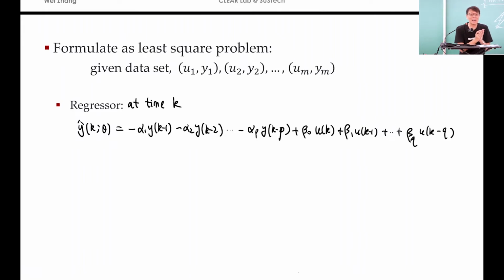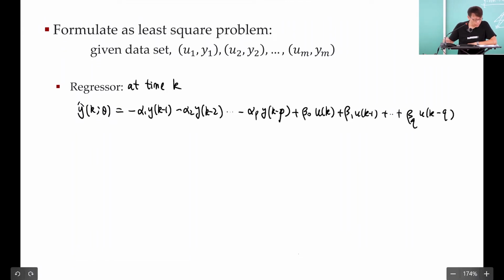I use my past p steps of output and previous q steps of input together. Actually, it is a linear combination of them, to predict my current output. That's the model assumption: a linear combination of previous inputs and outputs gives my current output.